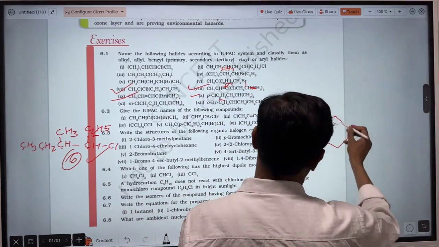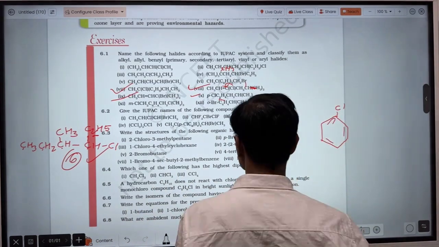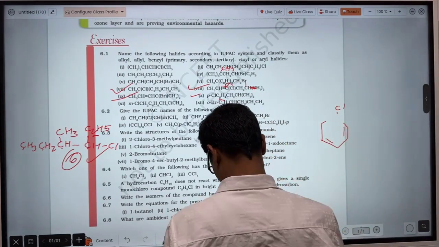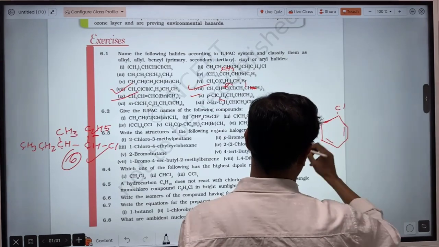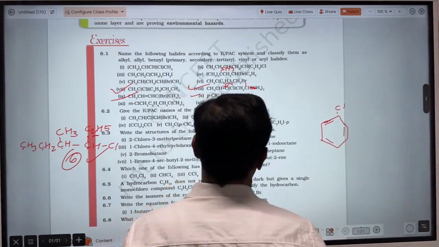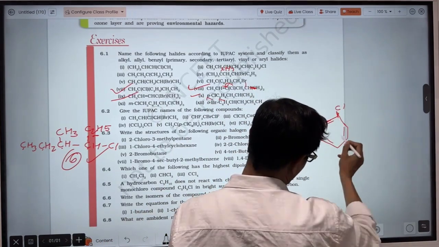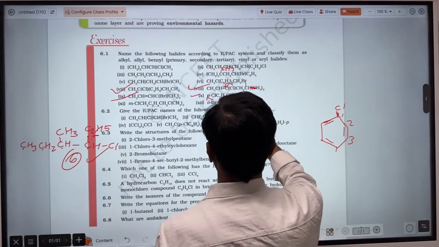Chlorine here, it is benzene. So at the para position, para means just the 4th carbon. So 1, 2, 3, 4, at the 4th position this will get attached.